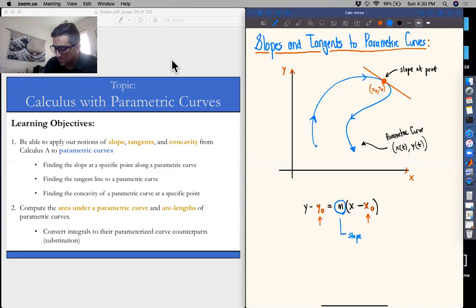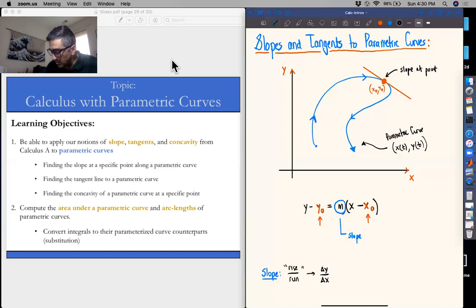And for us, in terms of parametric curves, the slope is still how we think about slope from calculus A. We still think about slope as a rise over run type idea. So if you remember this, what this really boiled down to was basically a change in y over change in x. And for parametric curves, we can think about this very much the same.